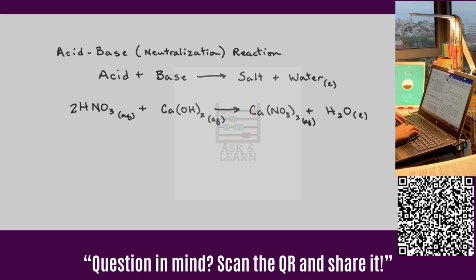And not counting the oxygen in the nitrate, there are 2 oxygen on the reactant side, which suggests we need a 2 in front of H2O. That gives us 2 times 2, or 4 hydrogen. And we see that we have 2 and 2 for 4 hydrogen on the reactant side. All right, so this is our balanced molecular equation.